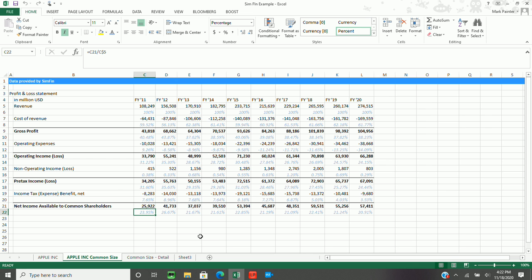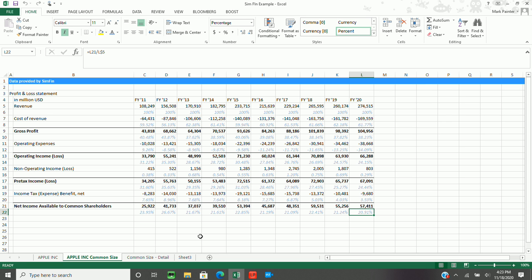And you can see that it was 24%, 27% back in 2011, 2012, and then it's stabilized between 2013 and 2020 right around 21%. It's very, very consistent at 21%. So you can probably expect that going forward.